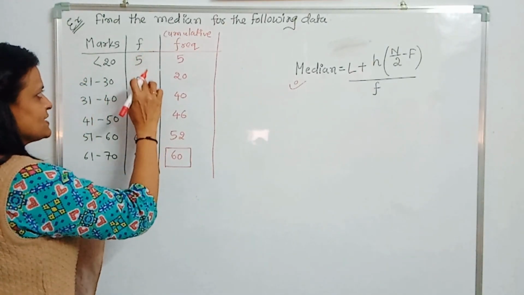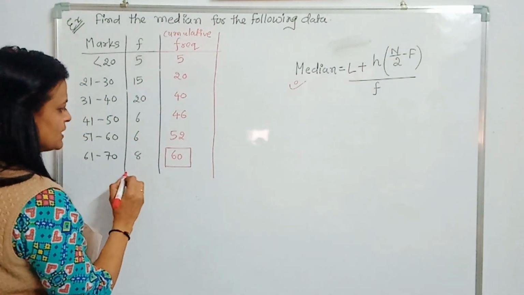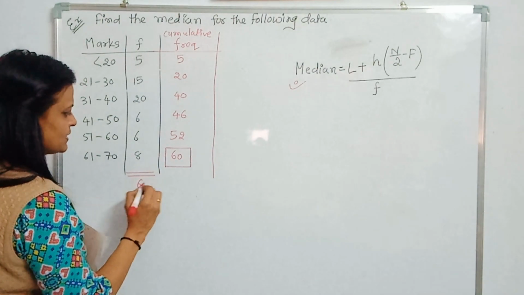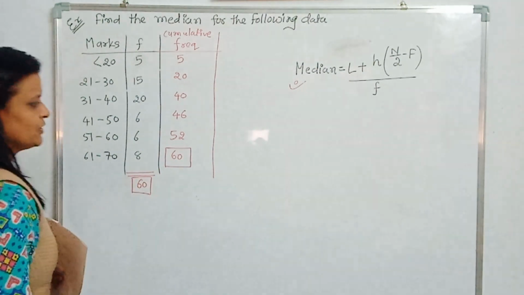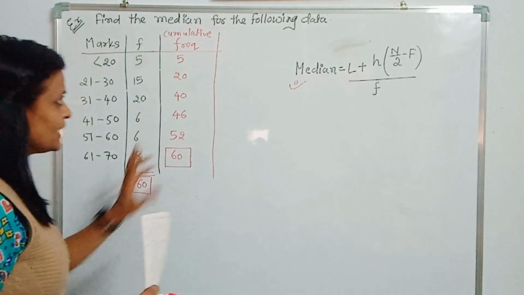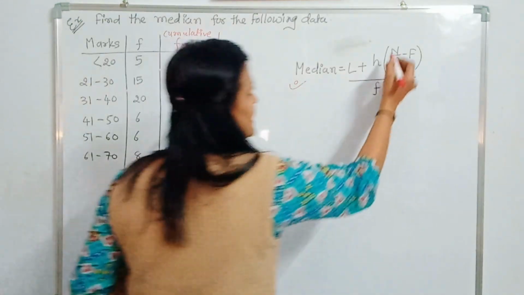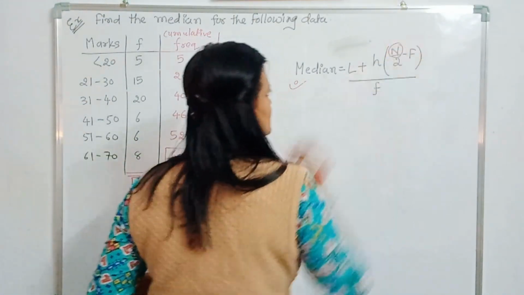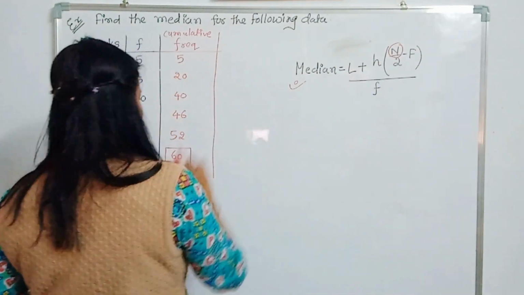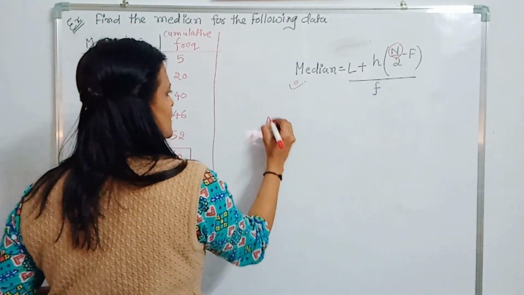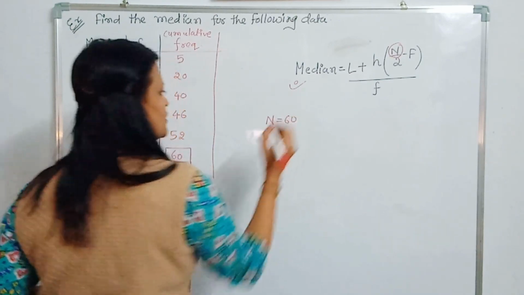If you add the second column of frequency, you will get the same number, 60. So here n is equal to 60, that means the total number of data.